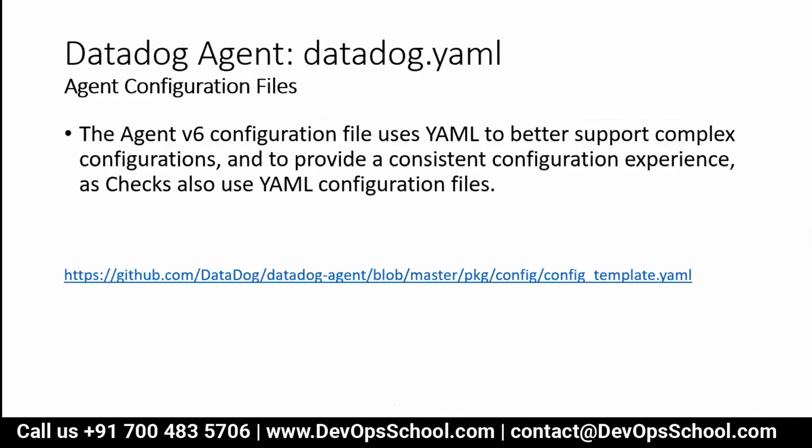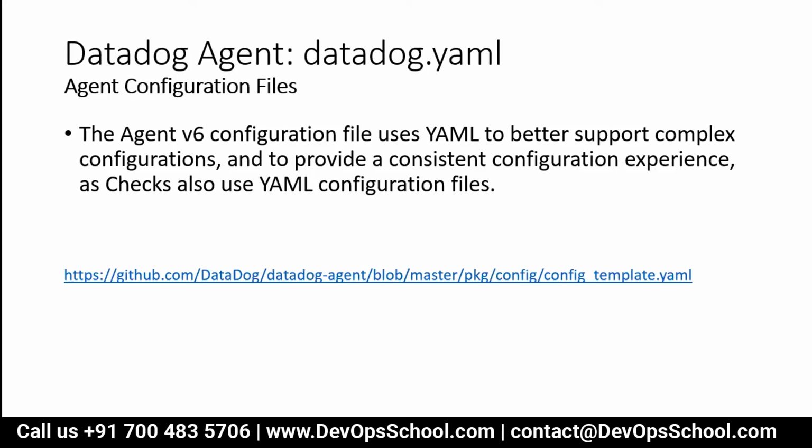Now, the next thing which you have to deal with is the configuration of the datadog.yaml file. Very important one, because this file, apart from those executables and commands, is under your control, and this file will decide many things. The datadog.yaml file defines the behavior of your Datadog agent: what metrics you want to collect and what metrics you want to send, which integrations you want to enable, which integrations you want to disable.